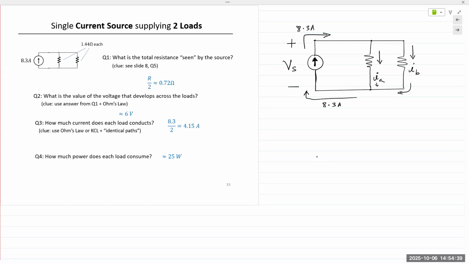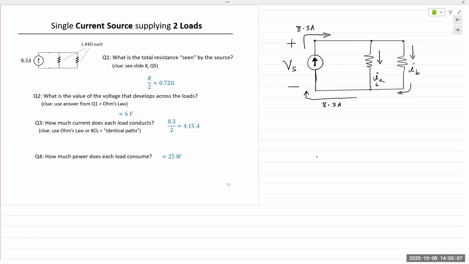But how many nodes do you see in the circuit? Two, right? Parallel circuit, there's only two nodes. If you see multiple nodes in a circuit, but they're all connected by wires, then they're the exact same node. So let's say this is a node, this is a node, and this is a node. We have three at the top, three at the bottom, just because of the way the schematic is drawn, but they're all connected by wires.